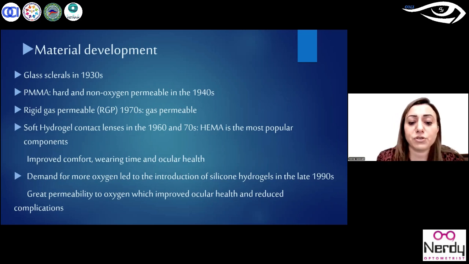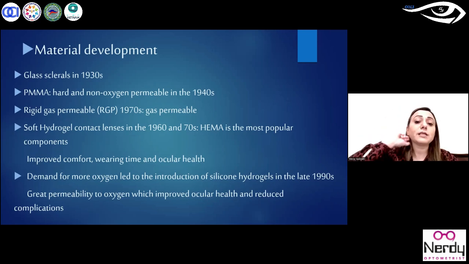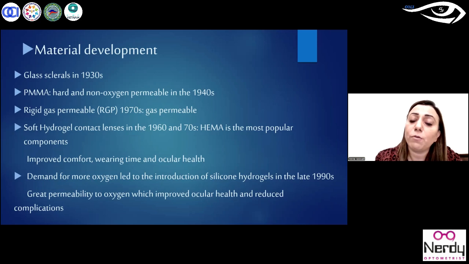So manufacturers replaced it with PMMA, polymethyl methacrylate, and it was a very good material, giving excellent optical clarity, and it was easy to manufacture, but the problem was that it was non-oxygen permeable. So it didn't allow any oxygen to go to the cornea. That's why the complications were increasing, and people wanted a substitute for this material.